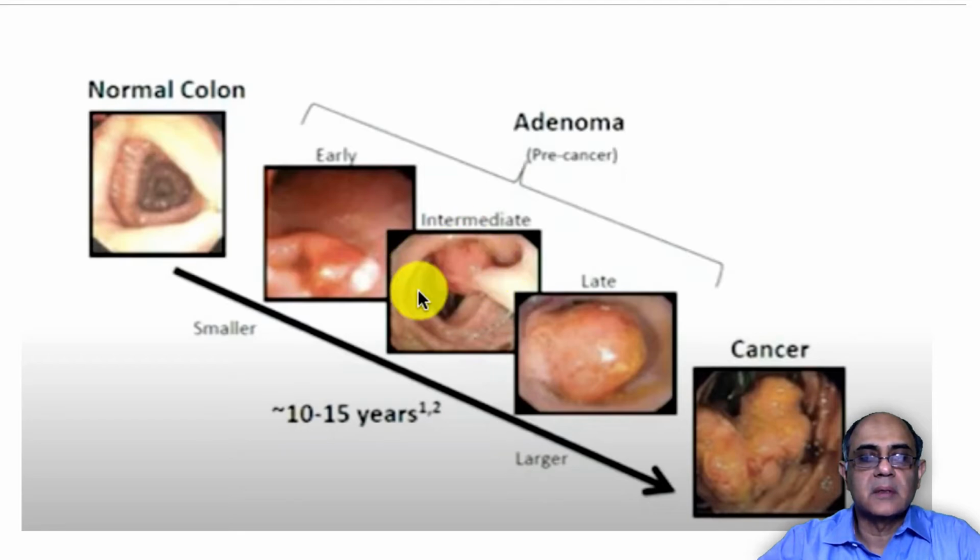This is a pre-cancer, and then later the polyp changes its shape and forms a cancer. This cascade usually takes about a decade, 10 to 15 years. So these polyps start in early teens, and the patient will have cancer at 25 years plus age.